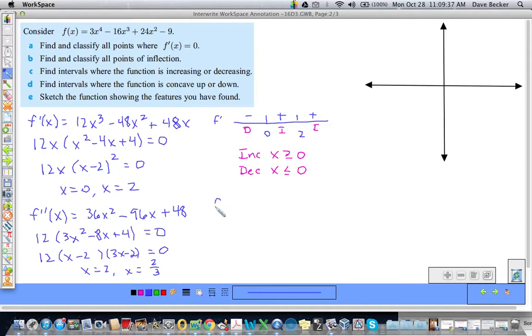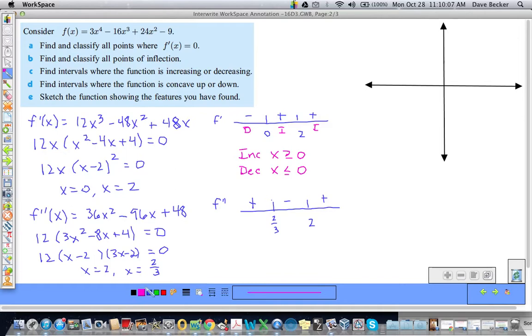So I'll do a little sign diagram for my second derivative, at 2/3 and 2. Choosing some values on these intervals and substituting back into the second derivative, I get a sign diagram that looks like this: plus, minus, plus.